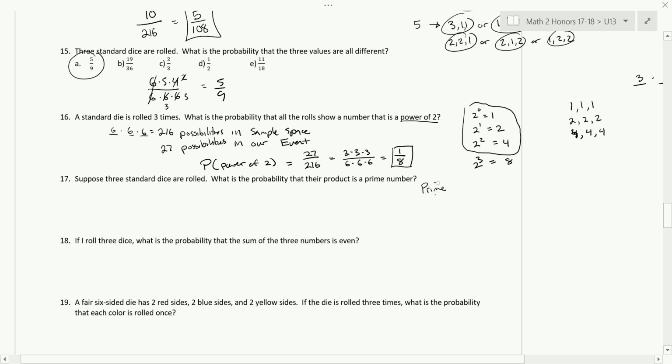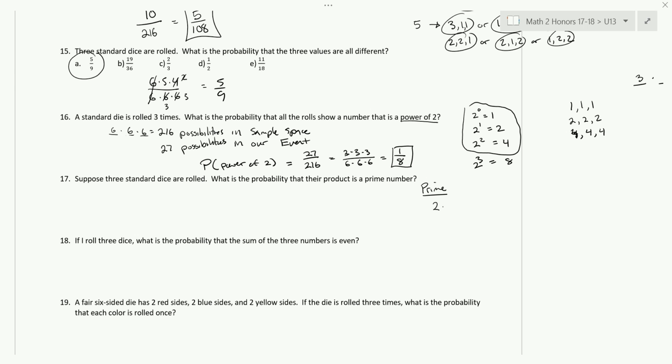What's a prime number that we can get? What's that? 1's not prime. The first prime number is what? 2. So 2 is your first prime, and it's the only even prime out there. So if we get a 2 and we're multiplying 3 integers together to get 2, we know what those 3 integers have to be.